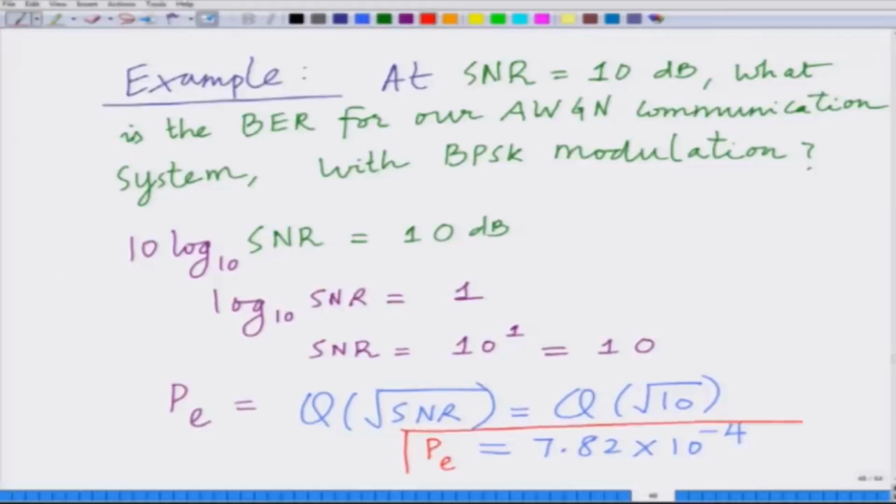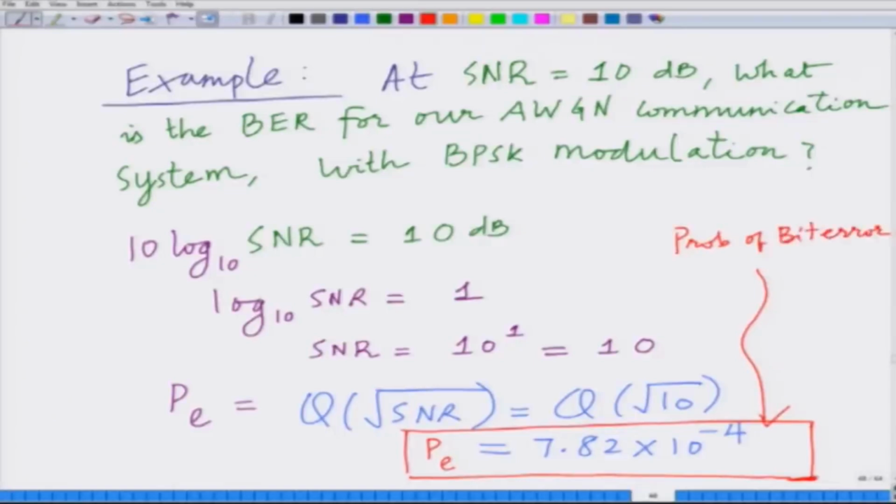So, this is the probability of bit error. What is this? This is the probability of bit error of BPSK modulated transmission over an AWGN channel at SNR equals 10 dB, correct.